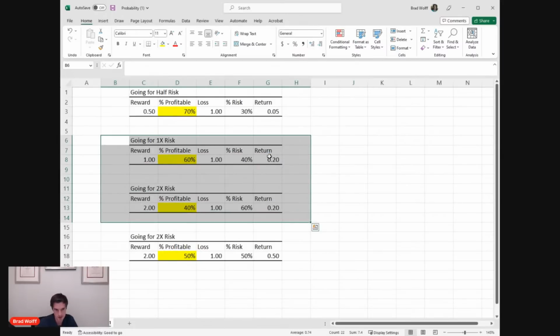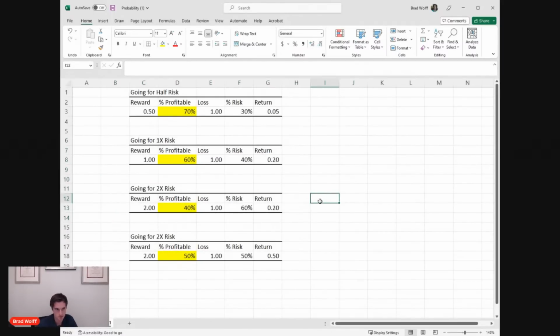You need to make the return a greater number. So you can improve your trader's equation 2 ways. You can increase the risk reward, which generally lowers the probability, or you can increase the probability, which generally makes the risk reward worse. So for most traders, they need to try and get to the 70% range and get to 0.4.